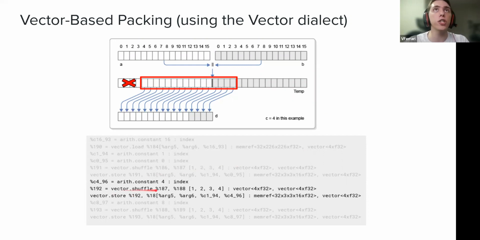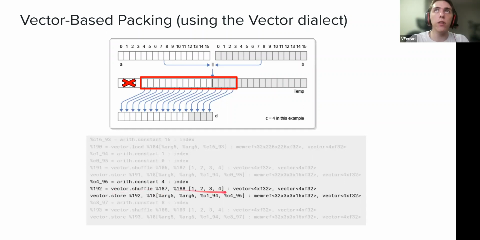This can be done using the shuffle instruction. So the shuffle takes 2 vectors and concatenates them, and then you can use a mask to shuffle the elements and take whichever elements you want from these 2 vectors. So you can take elements from 0 to 7 in whatever order you want, and add them to a different vector.